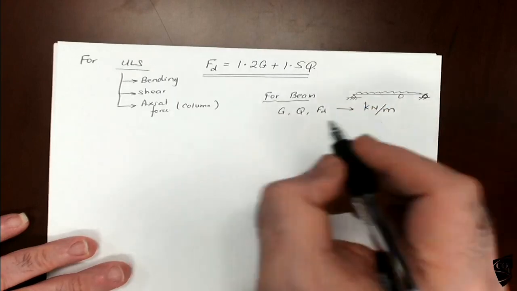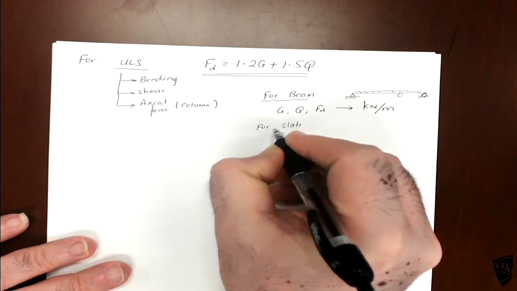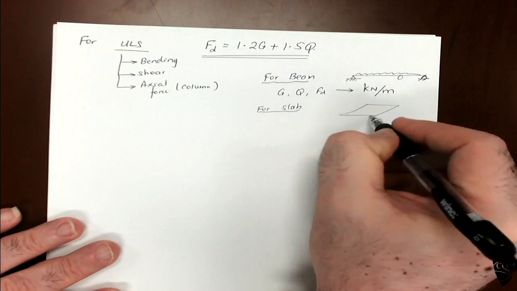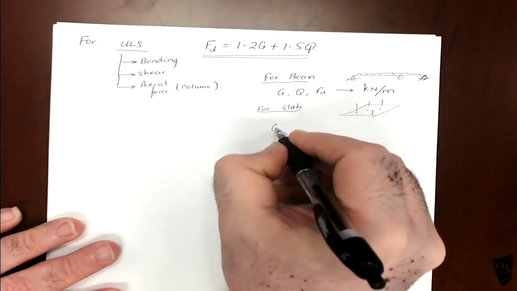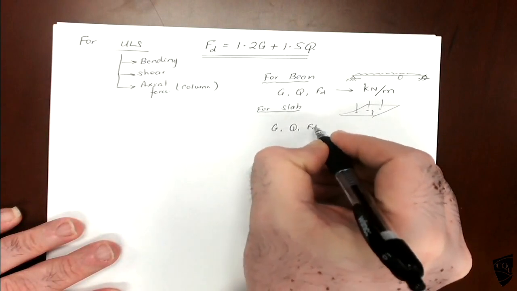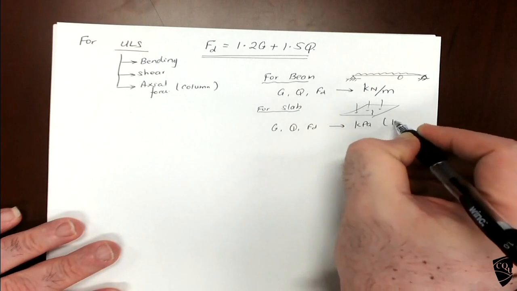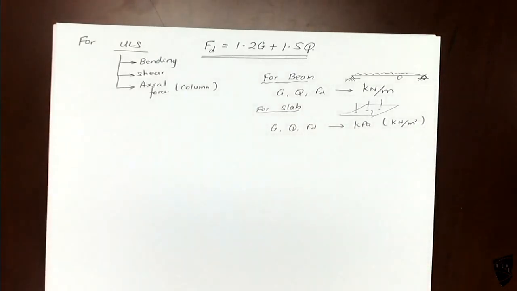For slab, we will discuss that next week. That is pressure, so G, Q, F, D, everything will be kilopascal, which means kilonewton per meter square. So the unit is important, and you should know what to do.